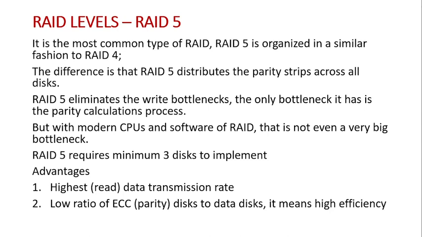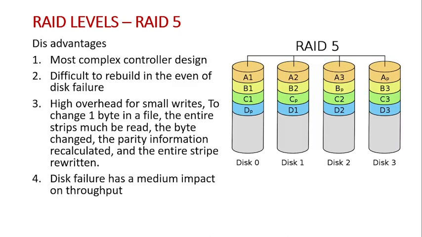RAID 5 requires a minimum of 3 disks to implement. Advantages are the highest read data transmission and a low ratio of ECC parity disk to data disk. It means high efficiency. Here we can see RAID 5 where there is no separate parity disk.